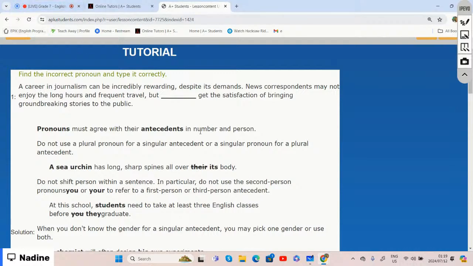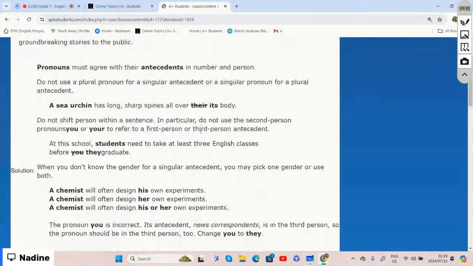And we say pronouns must agree with the antecedents in number and person.